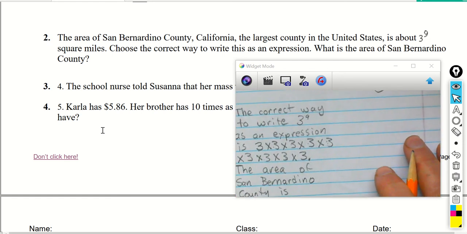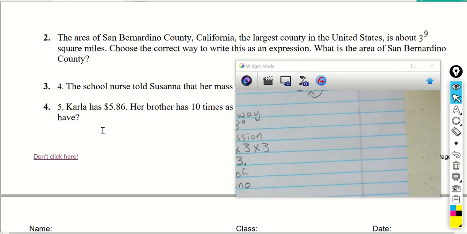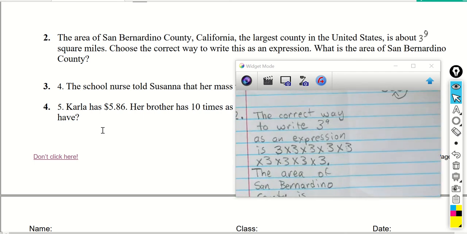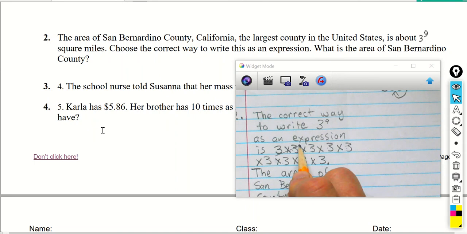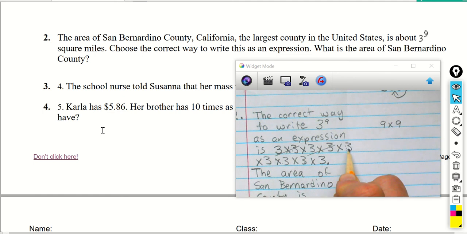So what I'm going to do is go right over to here, and I'm going to look at my expression. 3 times 3 is 9. So let me go ahead and just write 9 right here. And then another 3 times 3 is 9. And then 3 times 3 right here is also 9.